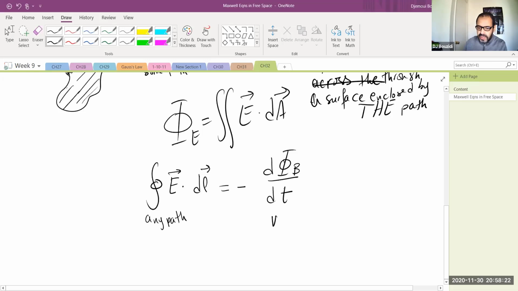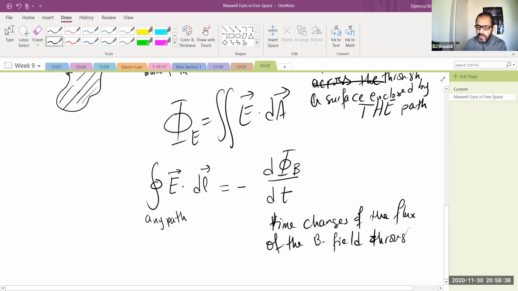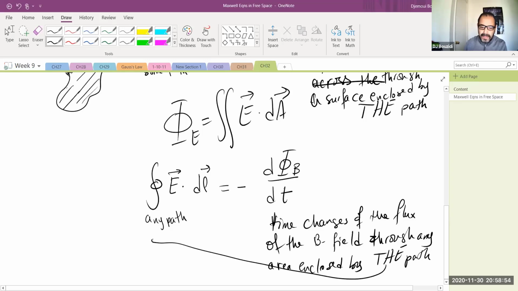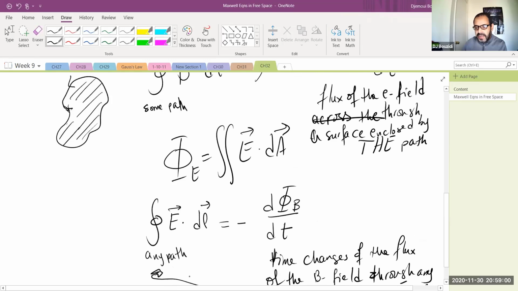So this is the time changes of the flux of the B field through an area, any area actually, enclosed by, again, the path. What I mean by the path is this very same path in here, okay? The same analogy on the other side. So this is basically Maxwell's equation.